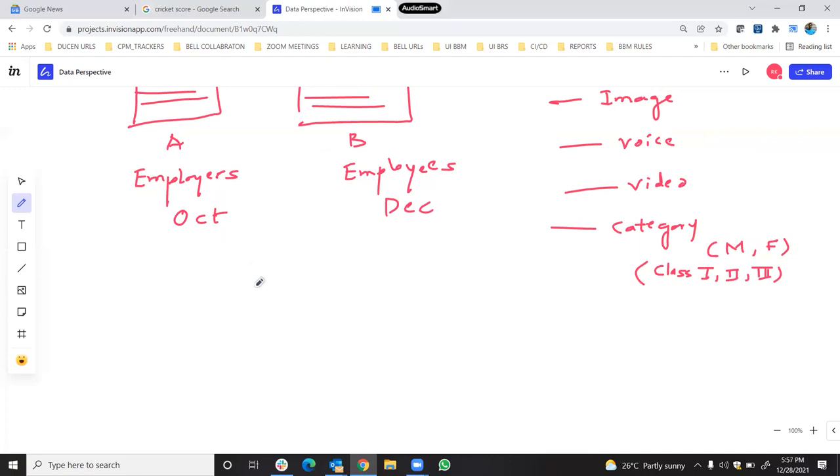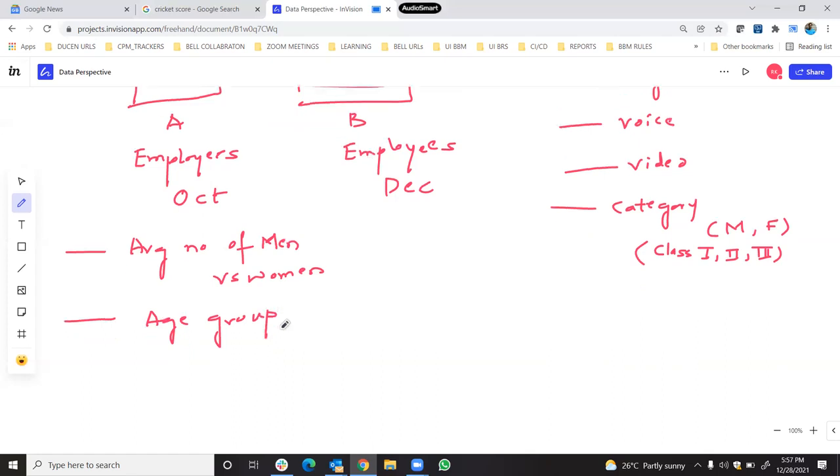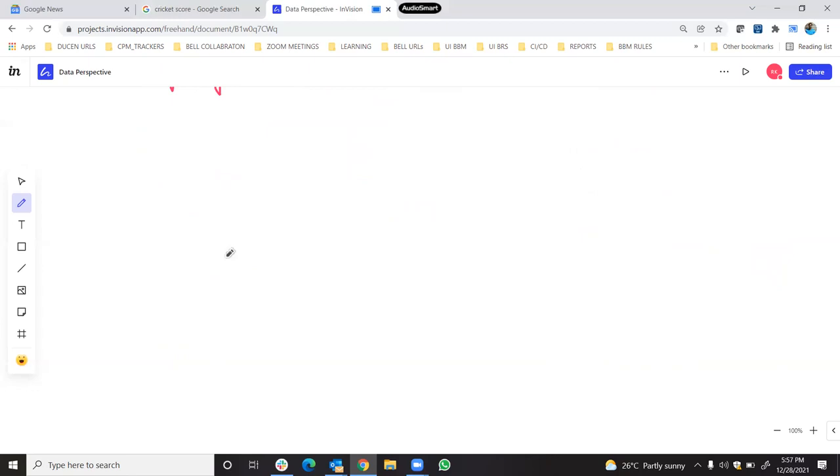These are two data sets, and you want to draw some conclusions, such as the average number of men versus women. That is one type of conclusion. Then their age group is another insight. These are simple insights. So what would you generally do? How would you see the data?